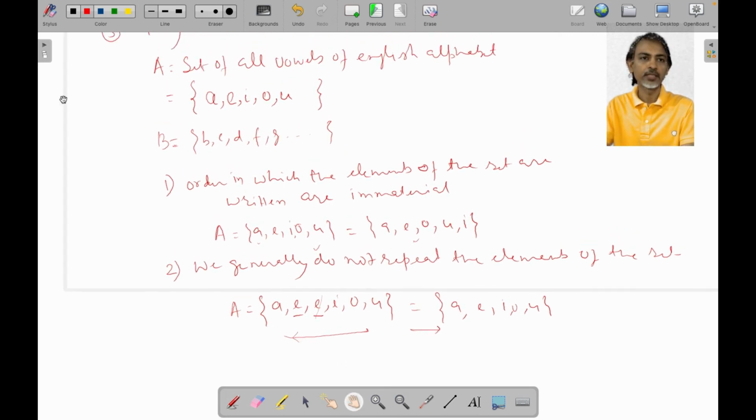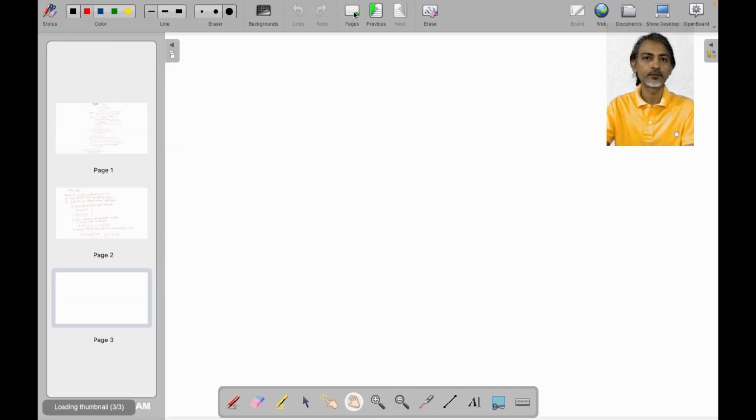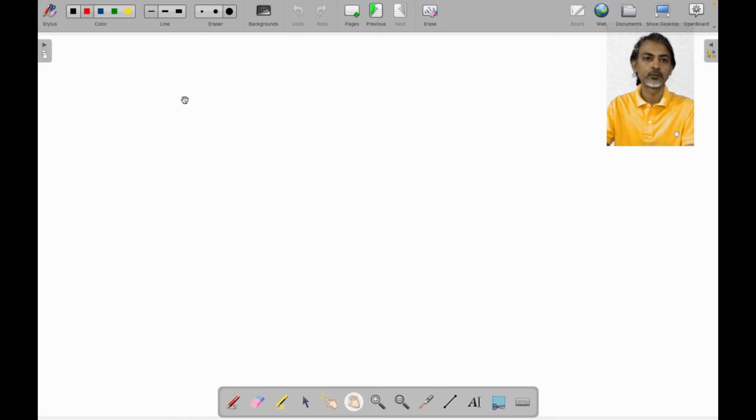Okay, let's go to the next page to write what is my set builder form. We just learned what is my roster or tabular form. Now we are learning what is my set builder form.